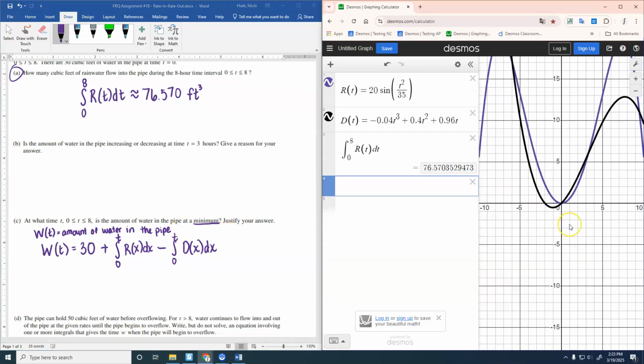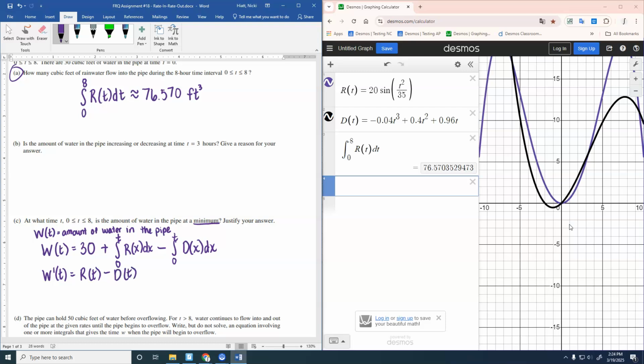So if I take the derivative of this, what is the derivative of 30? 0. What is the derivative of the integral of R of x? R of t. And then what's the derivative of the integral of d of x? D of t. Right.